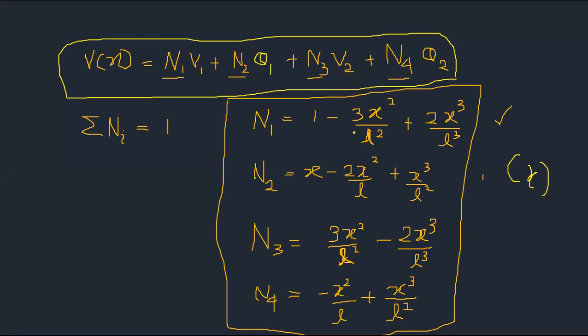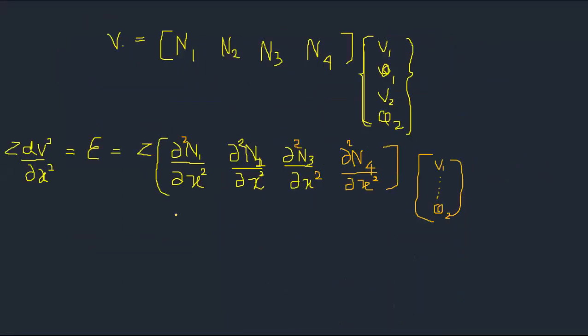If you differentiate it 2 times, you will obtain minus 6 over L squared plus 12x over L cube, and this would be minus 4 over L plus 6x over L squared.